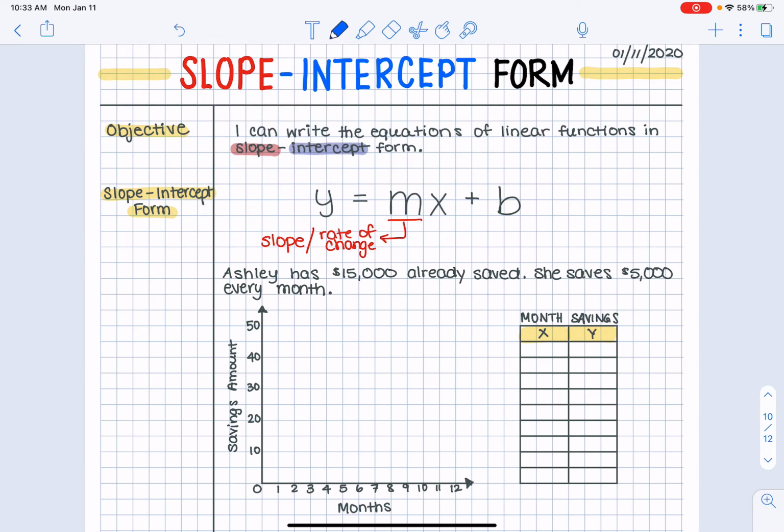And then b is your y-intercept or the starting point. Okay, so when we write our equation, we're going to write it in this format where we're going to see y equals whatever the slope is times x plus whatever the b is, the starting point.